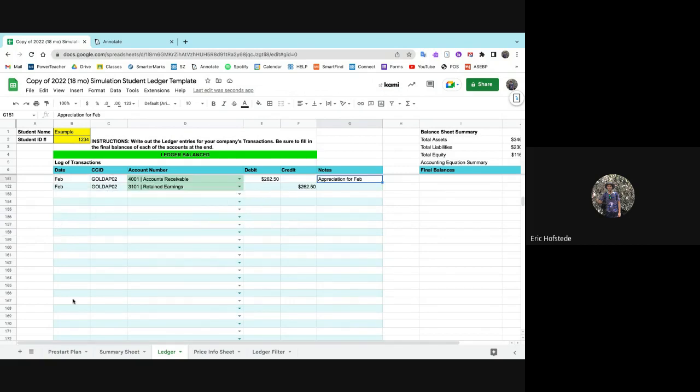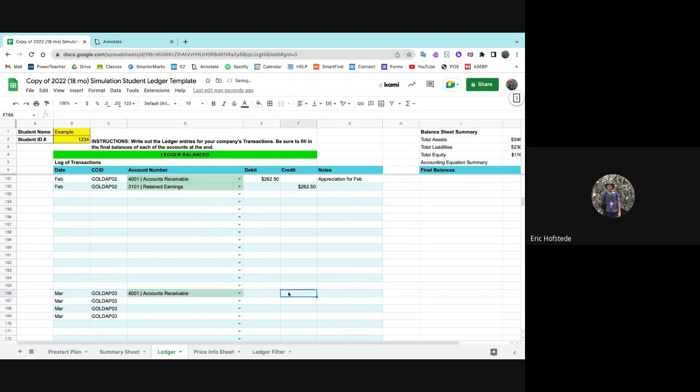So if you have a bunch more, just want to see me do the example of that in March, I'm going to have my gold appreciate again. And whether or not you bought more gold, you're going to have to enter this. And it's going to be four lines. We're going to take the gold out of my accounts receivable.